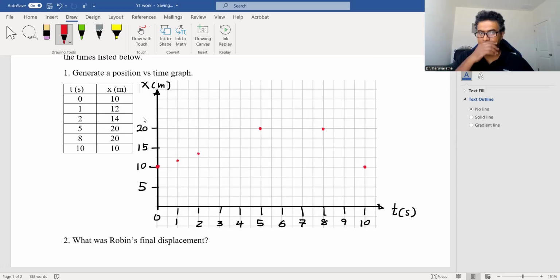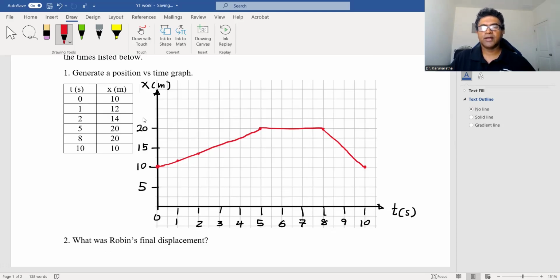Okay, so then we can connect these points. I'm going to use a straight line like that. So this is the position versus time graph.